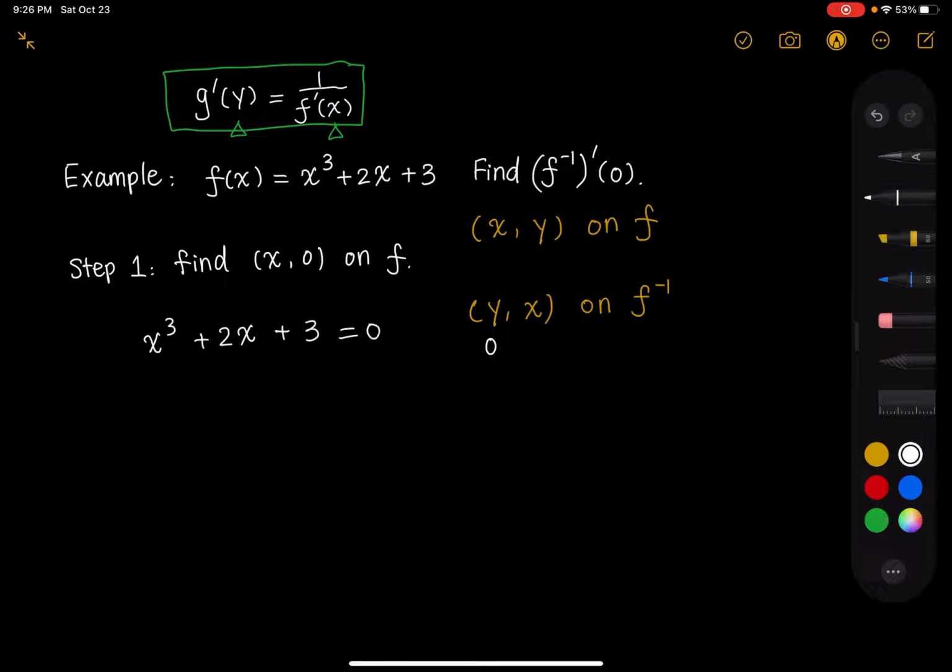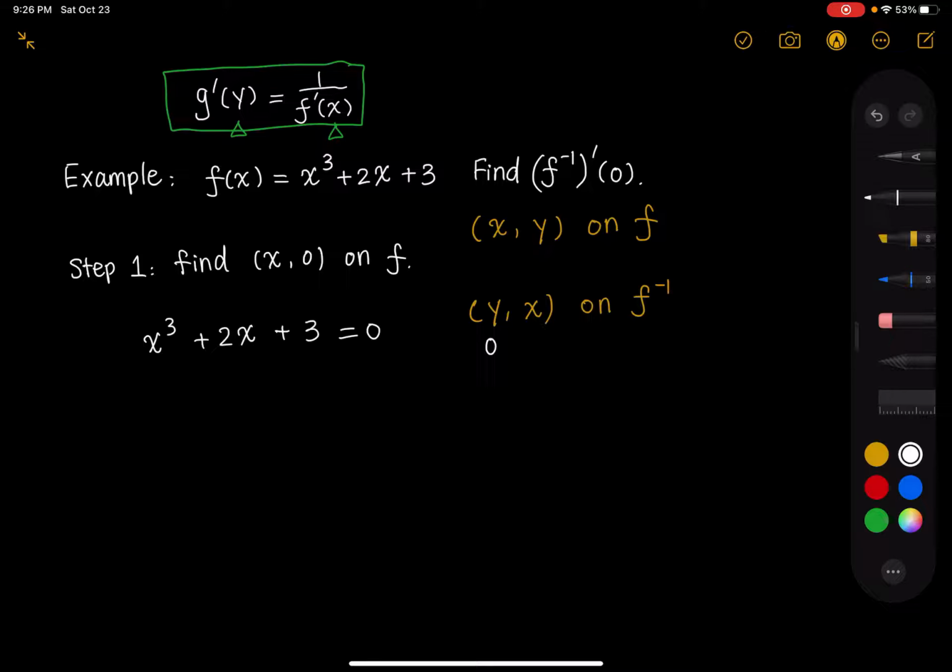and solve for it. Now most of the time we cannot solve for a polynomial greater than quadratic, right? Greater than second degree. Usually you won't be able to solve for x. That's true in real life. And that's why the inverse function theorem is so powerful.